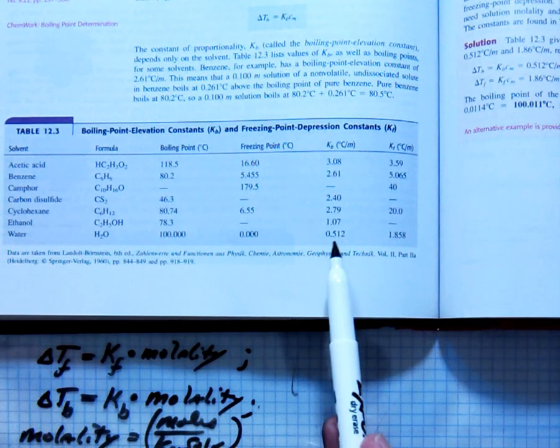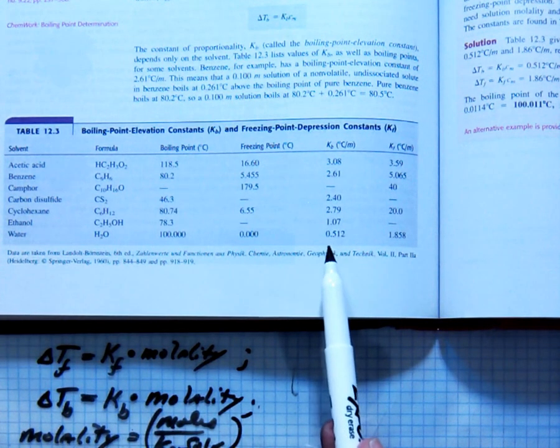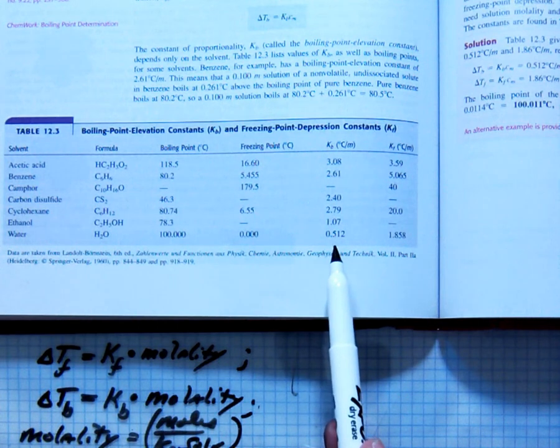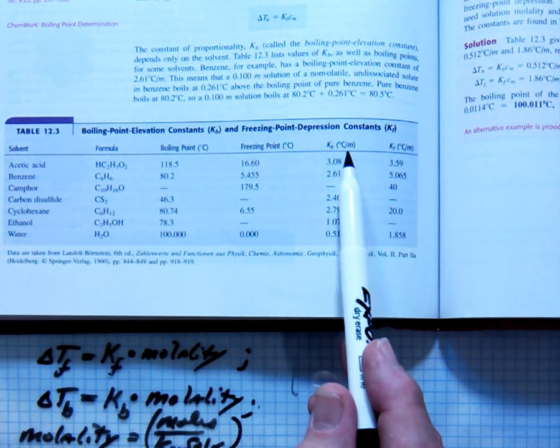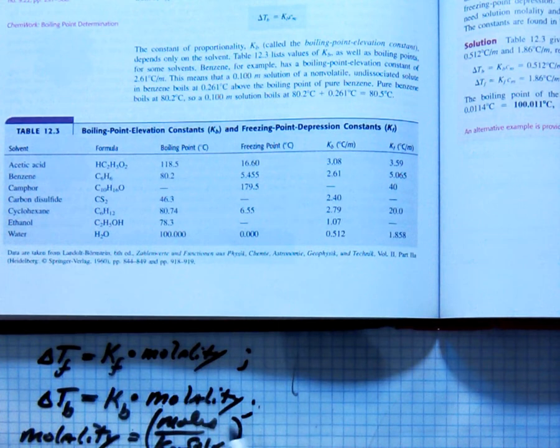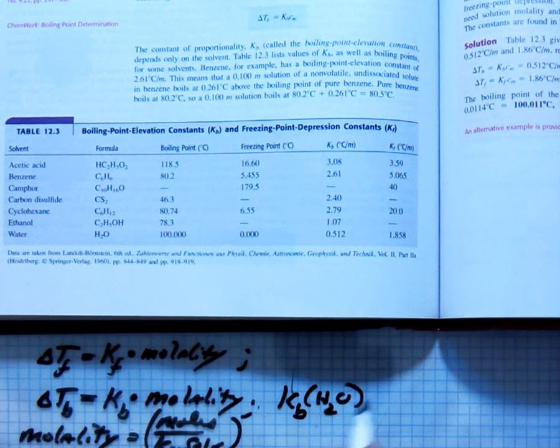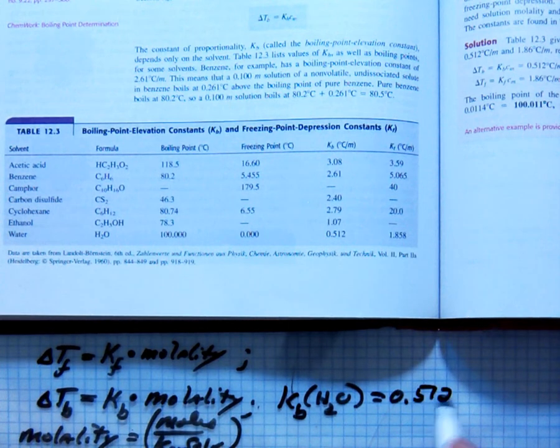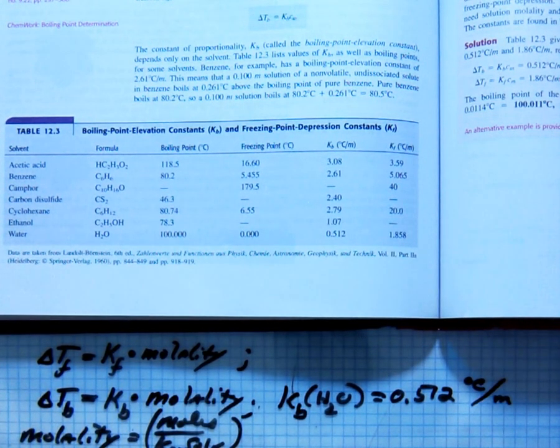The boiling point elevation constant is 0.512, and the units are degrees C per molal solution. So I'm going to come down here and write KB for water is equal to 0.512 degrees C per molal solution.